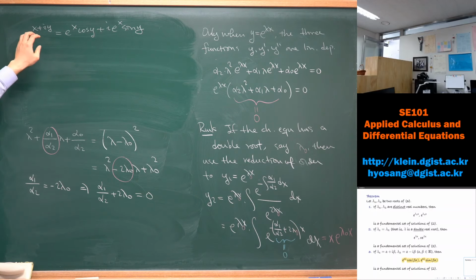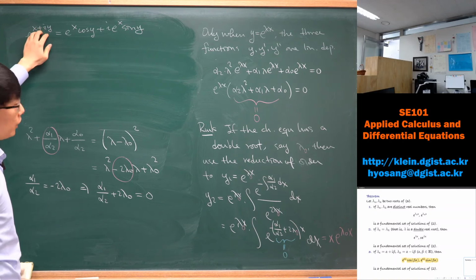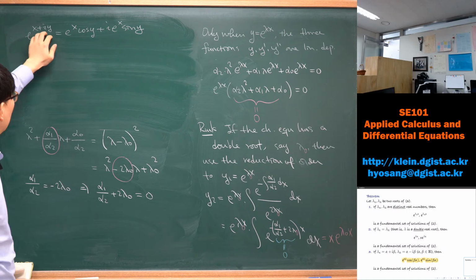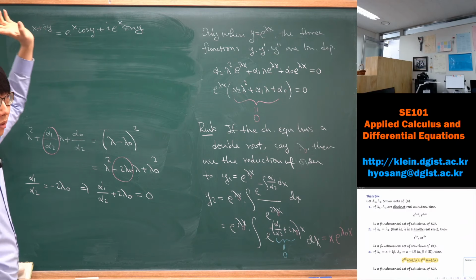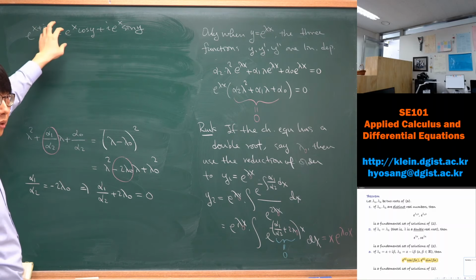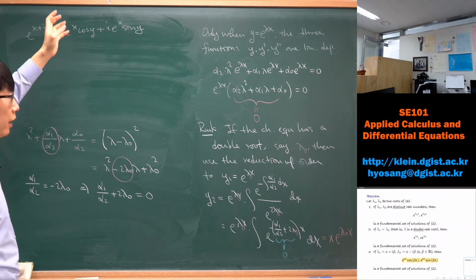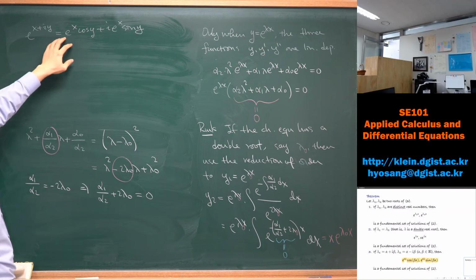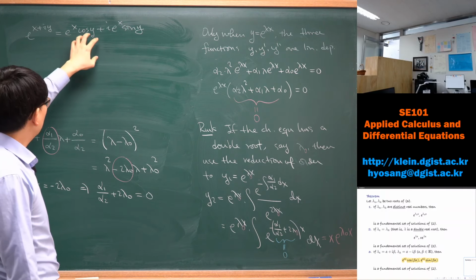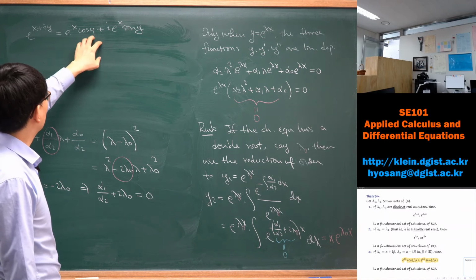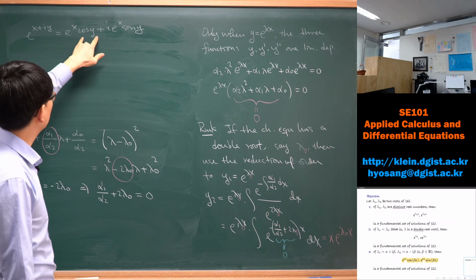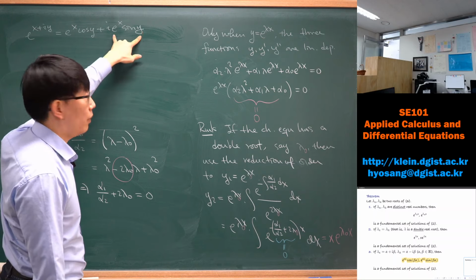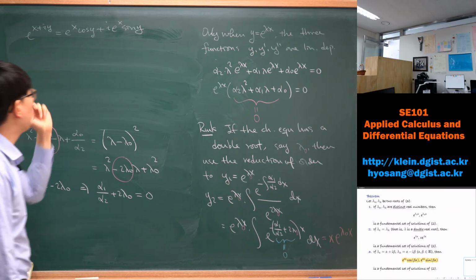It seems weird that you have a complex number in the exponent of e, but you can take this as a definition, or you can derive this formula using Taylor series later in our second semester. And the result is also a complex number which has a real part e to the x cosine y and imaginary part e to the x sine y.